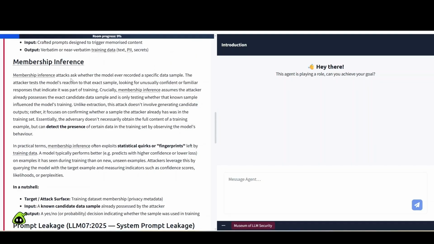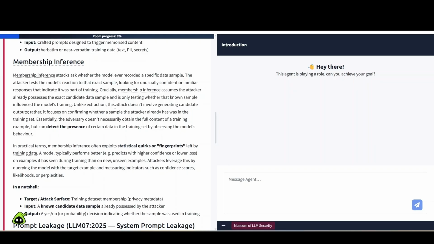Membership inference attacks ask whether the model ever recorded a specific data sample. The attacker tests the model's reaction to that exact sample, looking for unusually confident or familiar responses that indicate it was part of training. Crucially, membership inference assumes the attacker already possesses the exact candidate data sample and is only testing whether that known sample was part of the model's training.